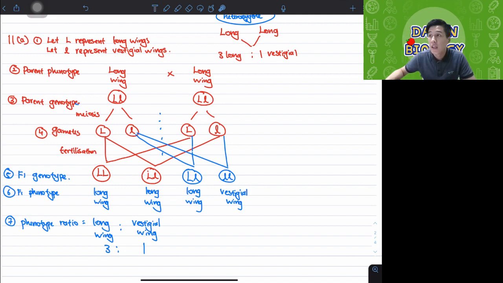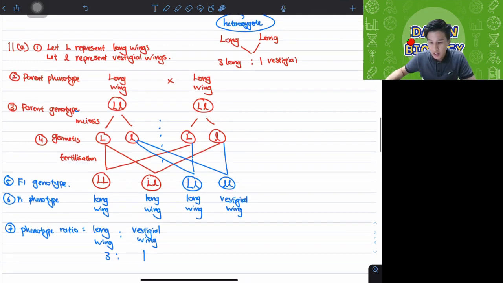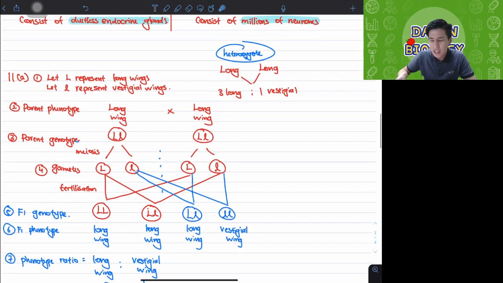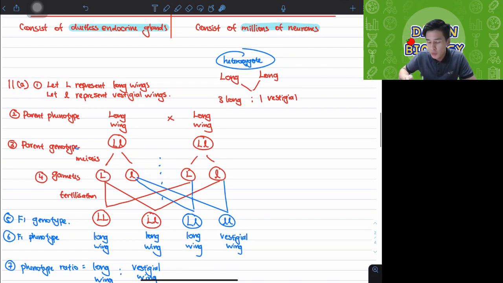Okay, I give you a bit of tips, because some of you will ask, how do I know 3 to 1 is hetero? Actually it's quite common sense. There are only a few combinations, so you can memorize them.